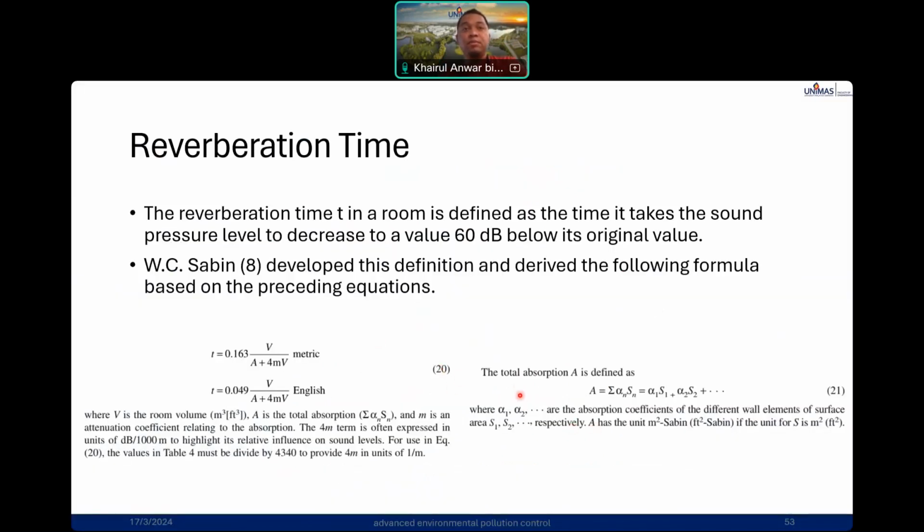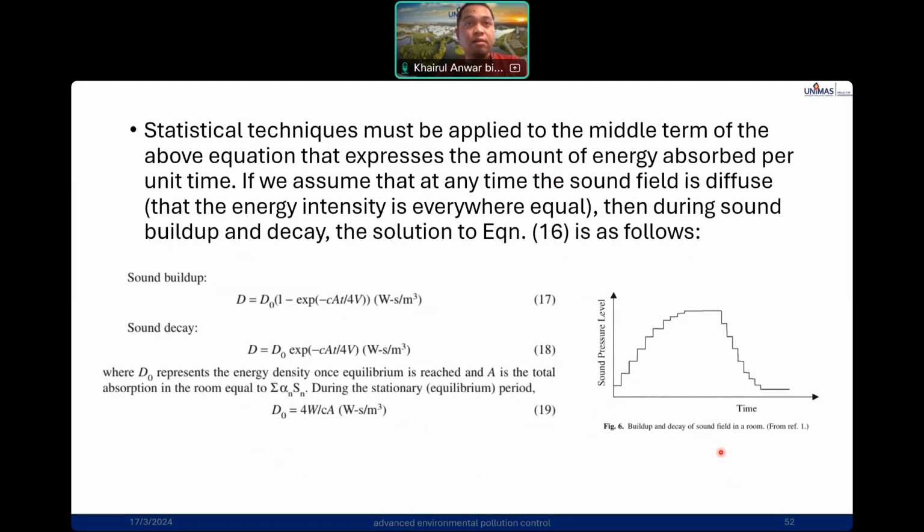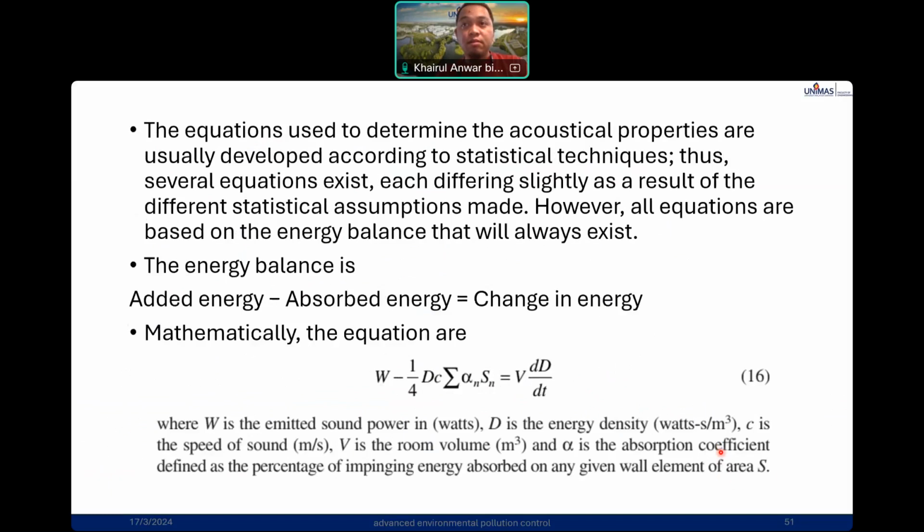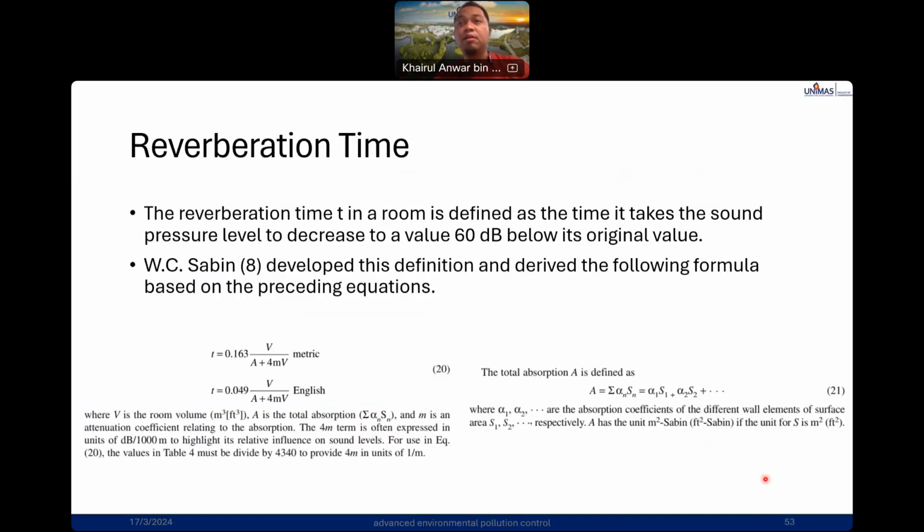The total absorption A equals the sum of alpha n S n. So alpha is the absorption coefficient, and S is the area of the wall.